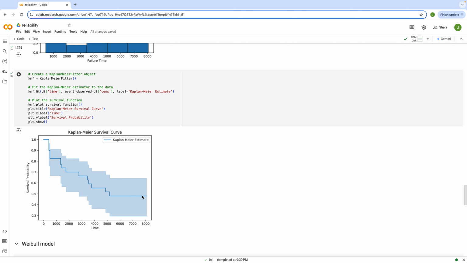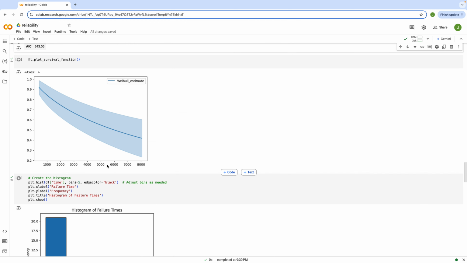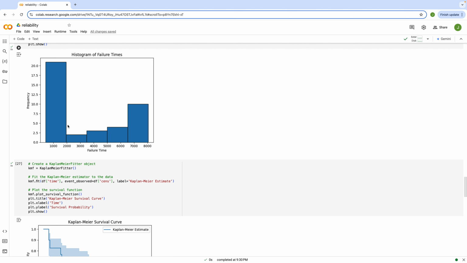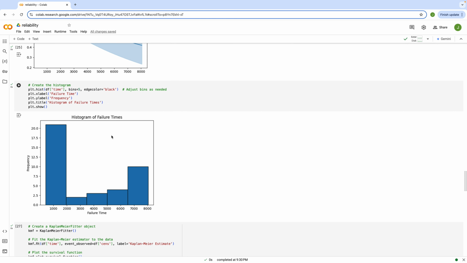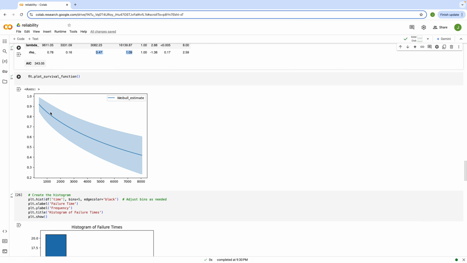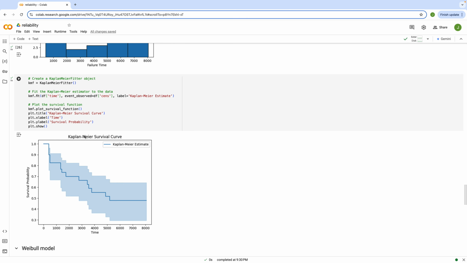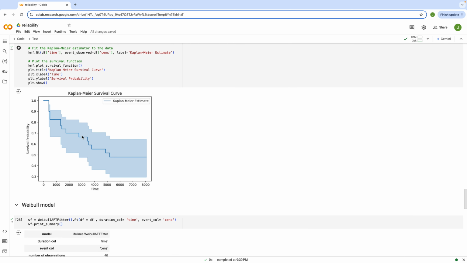It is a stepwise function as shown in the graph, and you can compare that to this curve. So even though the histogram doesn't seem to do a great job, this plot does generally agree with the numerical data for the survival probability, which is called the Kaplan-Meier estimate.